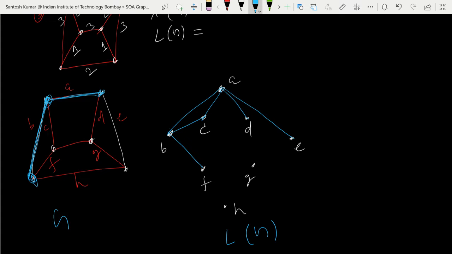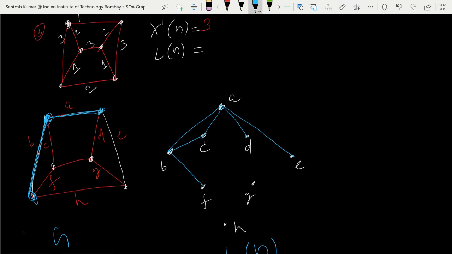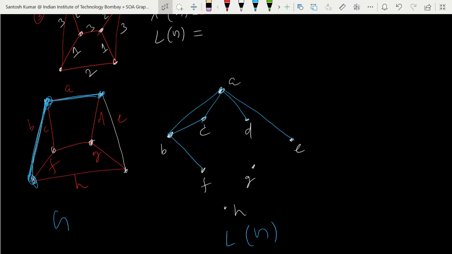Where are you talking, in G or in the line graph? Corresponding to each edge of graph G, you have to make one vertex in the line graph. Yes, sir. There are a total of 9 edges in graph G, but here there are only 8 vertices in the line graph. Okay, so the FG edge, yeah, I missed this.